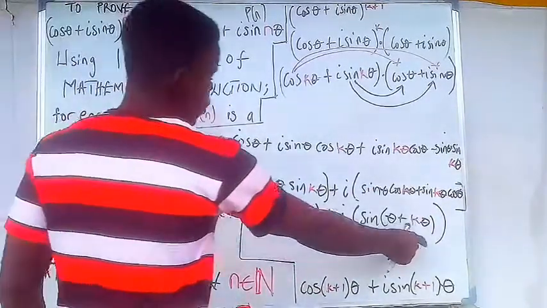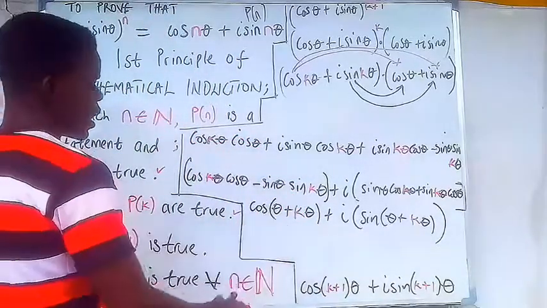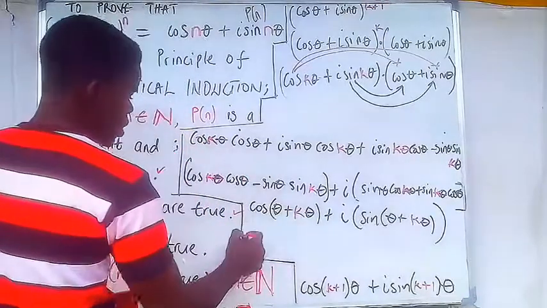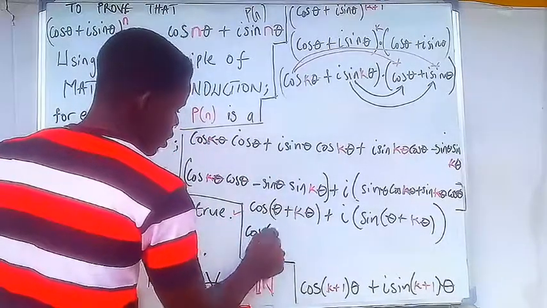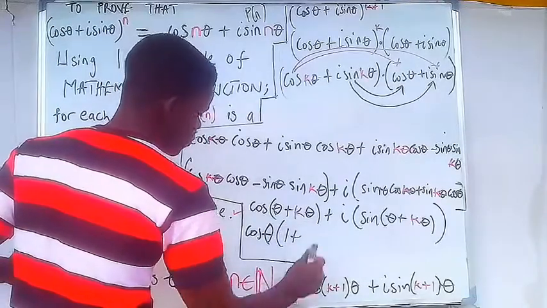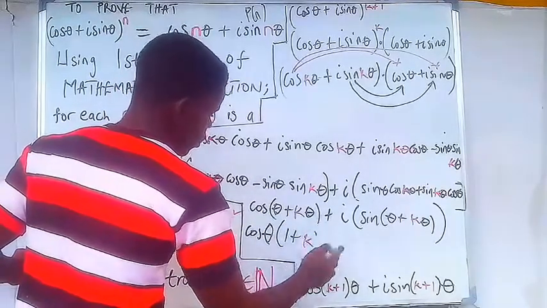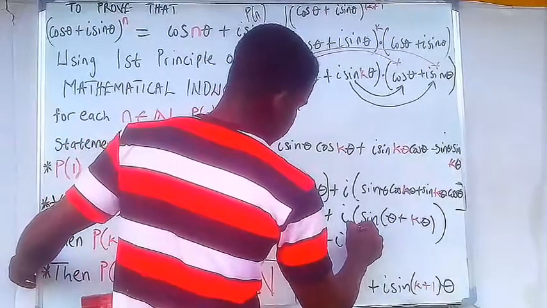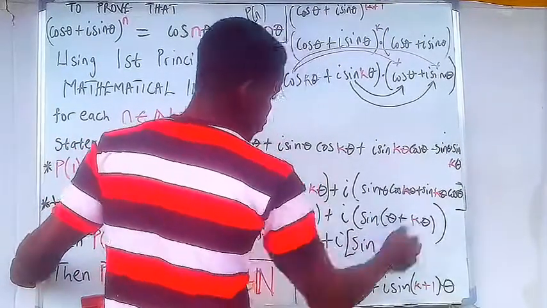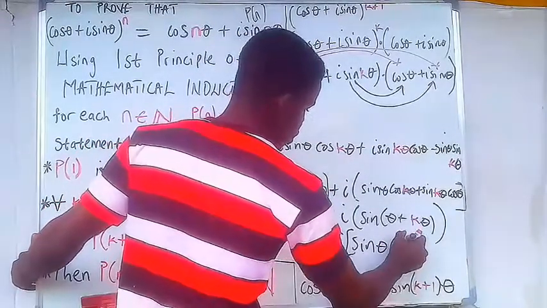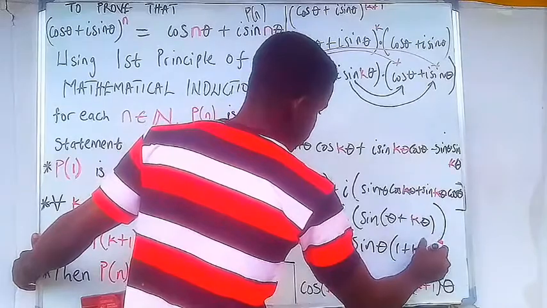So this plus this. Now you go ahead and notice that theta is common here and theta is common here. So we can simply say cosine of theta, I put my bracket and put 1 plus k. Plus i times sine of theta, which is also common here, so I can put my theta out, and I have here 1 plus k.